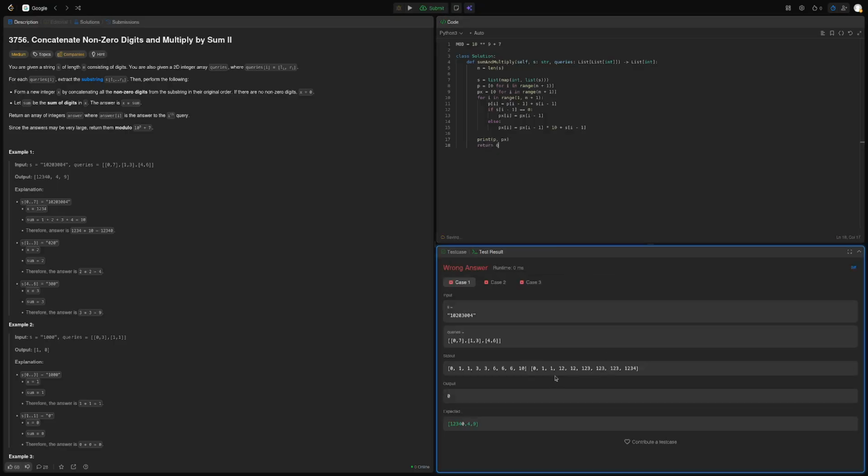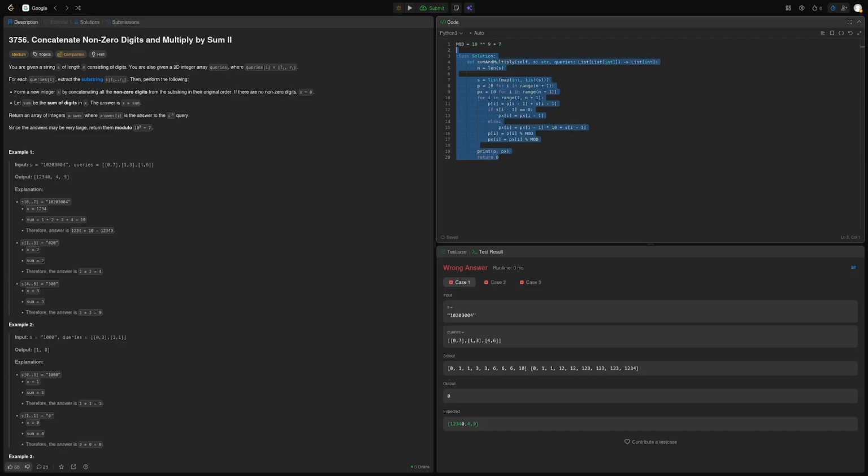Let's see what px is outputting. 0, 1, 1, 2, 1, 2, 4. Okay, so we got some numbers, and the important thing is p[i] modulo mod and px[i] modulo mod. Great, so we got that.